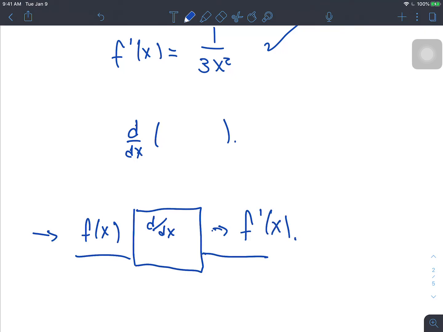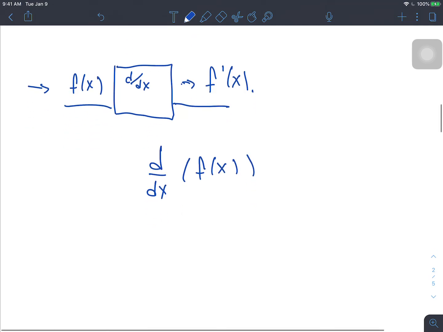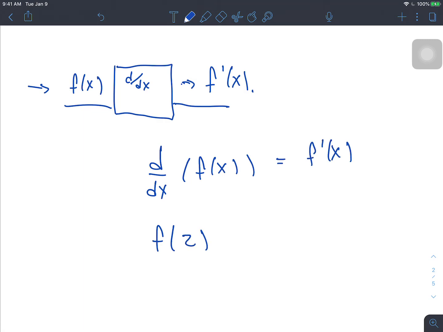So when I write d dx of f of x, this is similar to when I write, say, f of 2 equals 6. Here's my input 2 into my f function, and my output is 6. For the derivative operator, my input is a function, and the output is the derivative of that function.